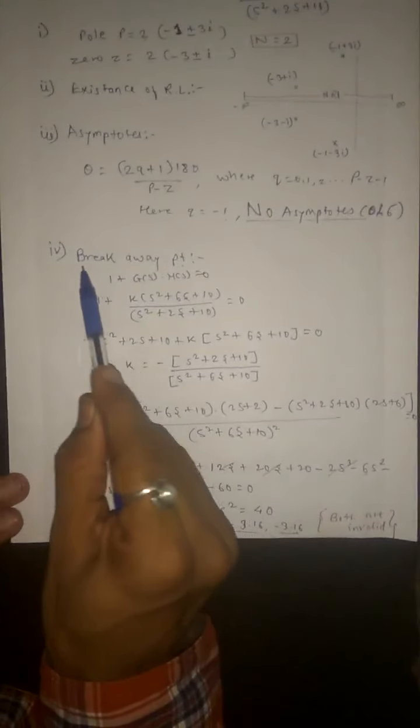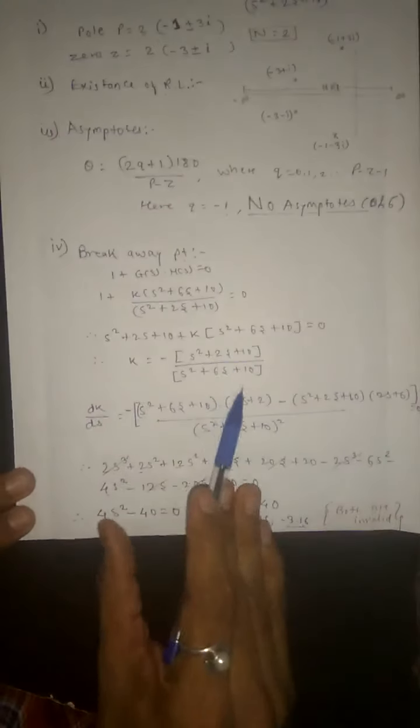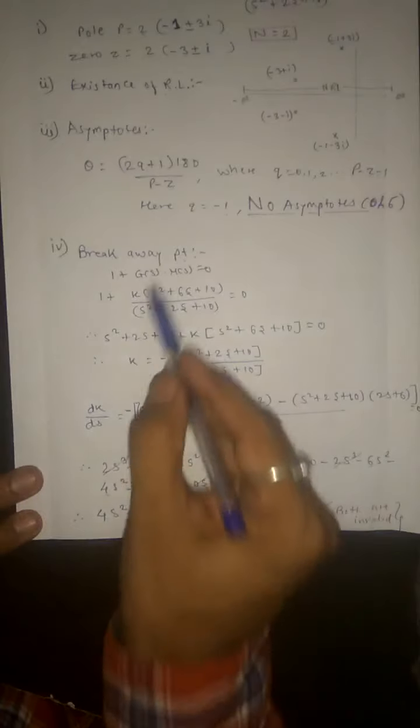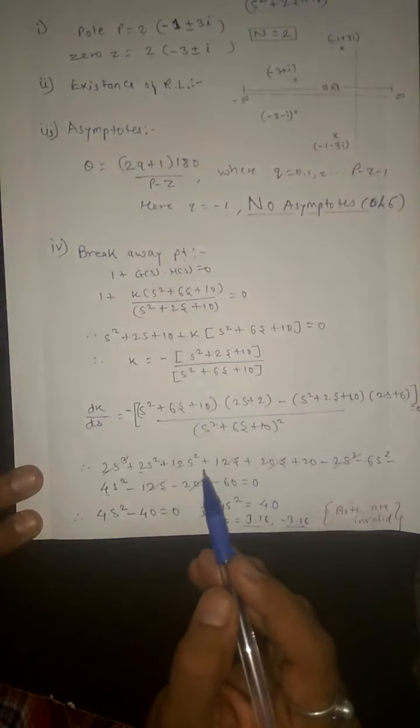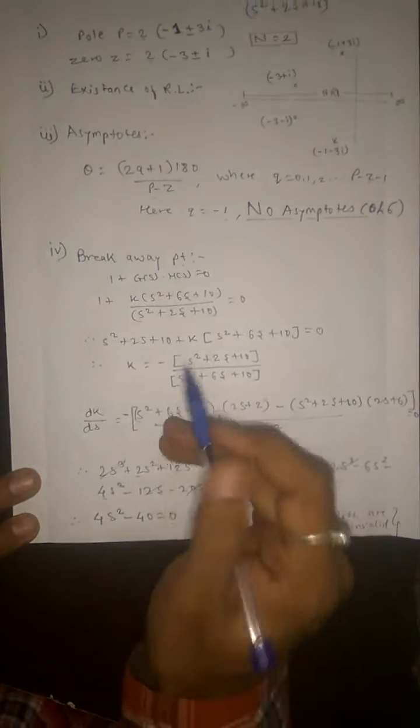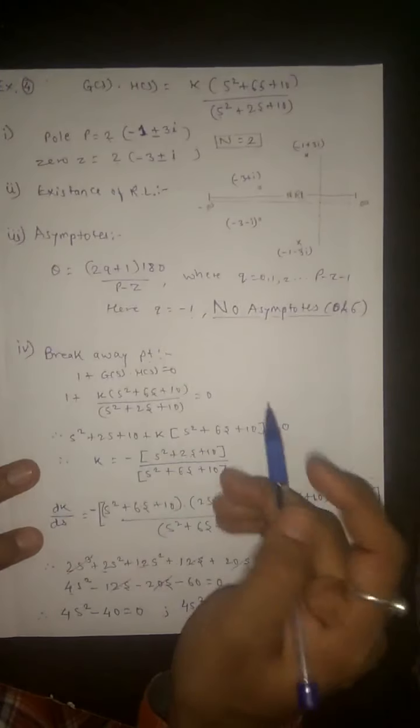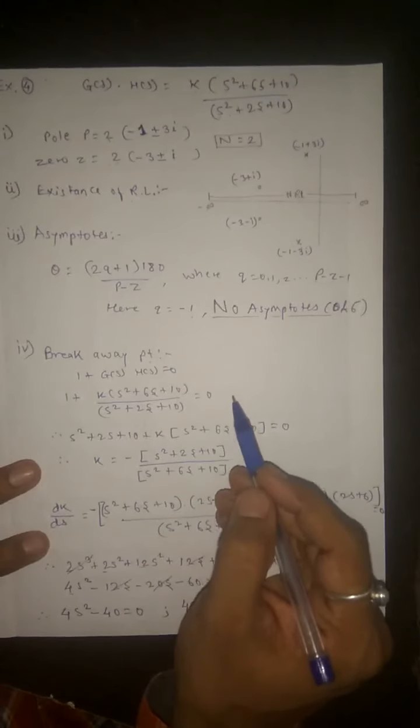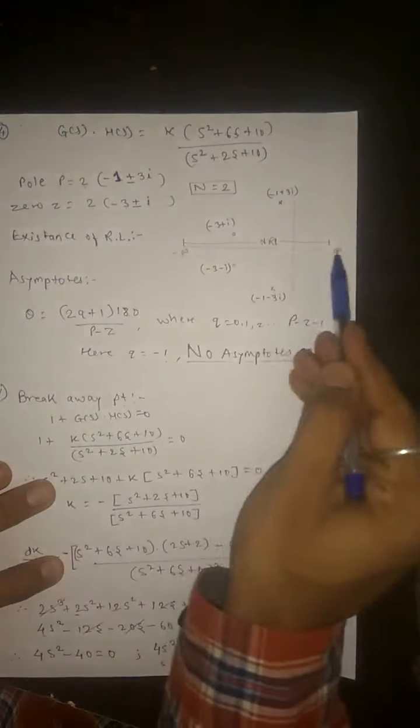Next step is the breakaway point. A breakaway point is a point where two root locus branches approach each other, collide and split. The breakaway point lies on the real axis.